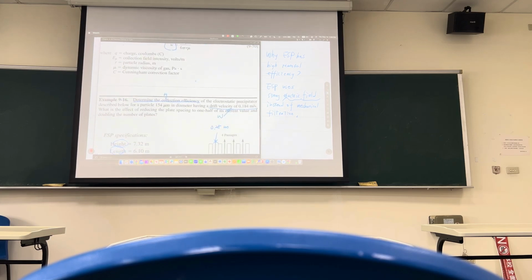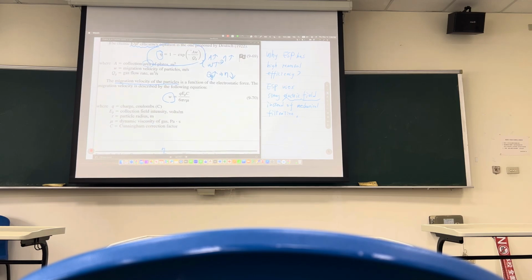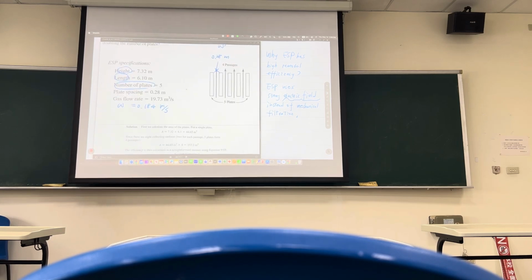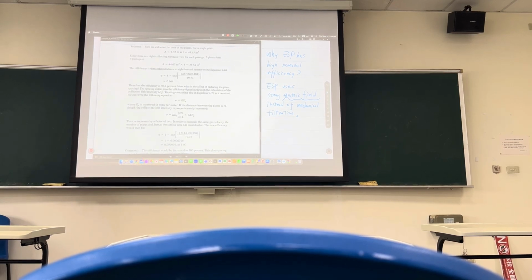So what do we need? So what is missing? Area, right? Students, take a look. The equation 9-69. We don't have area here. So, step 1, we need to find the area.